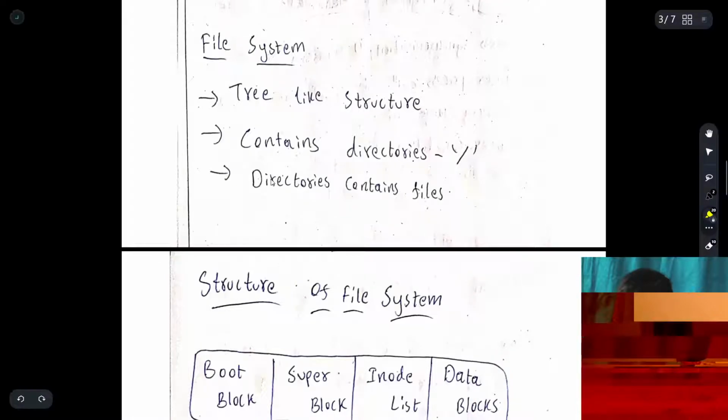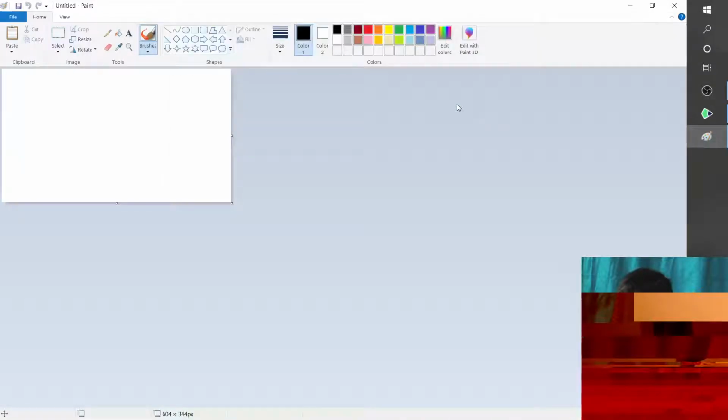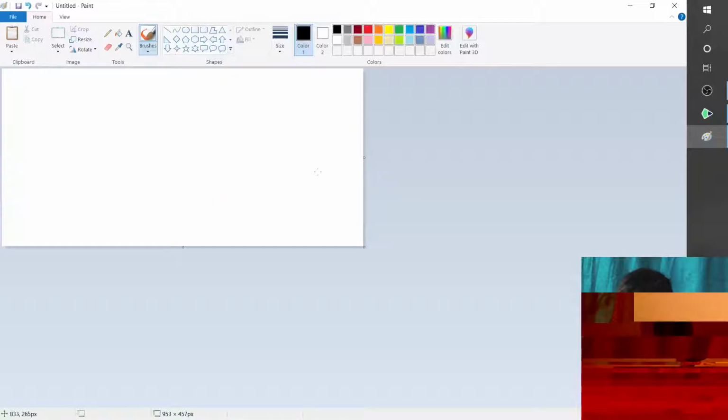And then if we come to the file system, it will be like a tree. Consider one main thing here, the user. The user will get into the kernel.